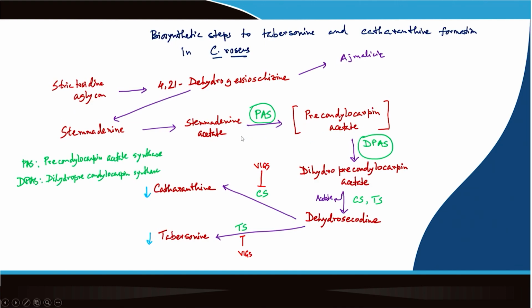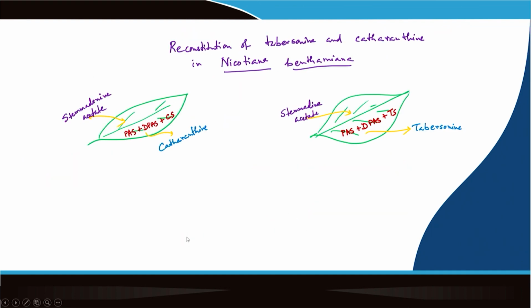If PAS is functional there, then it makes precondylocarpine acetate, then DPAS will come and that makes dihydro precondylocarpine acetate, and then similarly the catharanthine synthase or tabersonine synthase through hydrolase activity, it makes either tabersonine or catharanthine. So, similar experiments they carried out here and the results were confirmed.